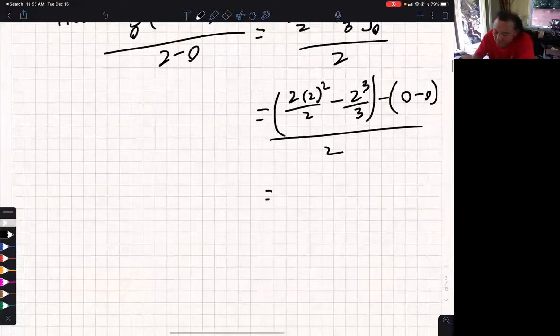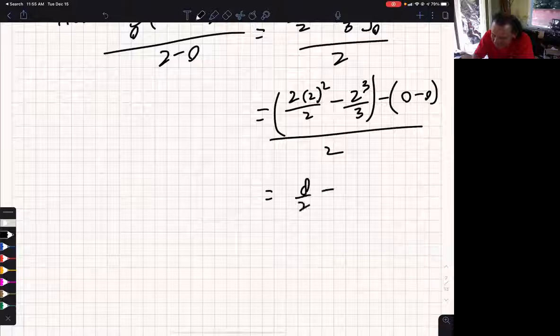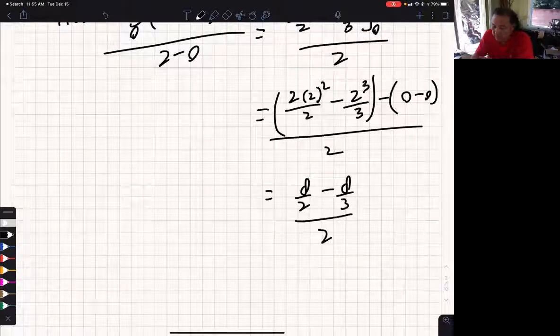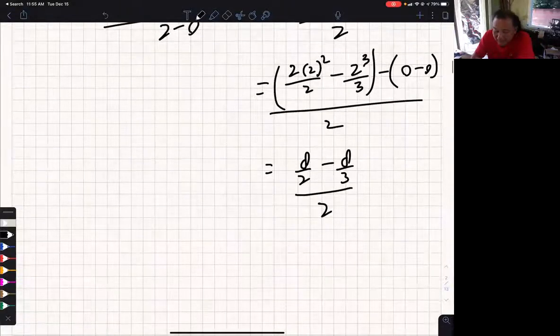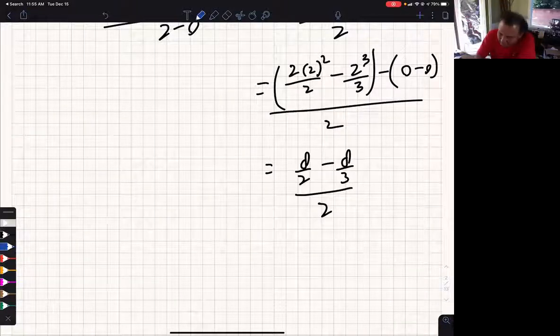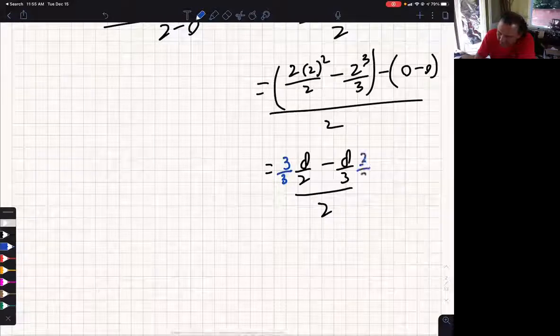Let's keep going. That's 8 over 2 minus 8 over 3, over 2. Is that right? I think it is. I'm going to get a common denominator of 6. So I'm going to multiply by 3 over 3, multiply by 2 over 2.